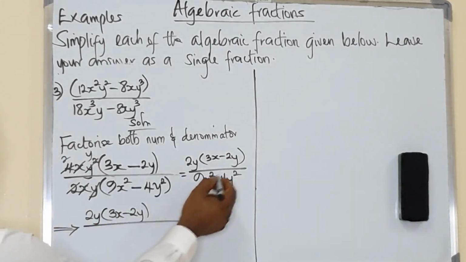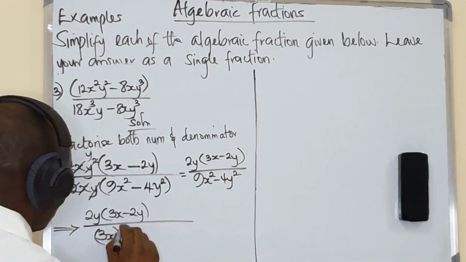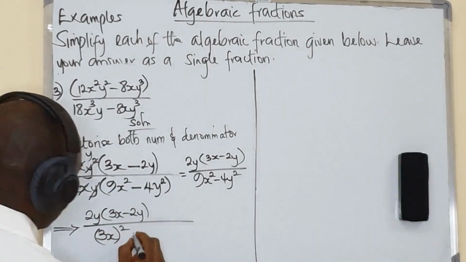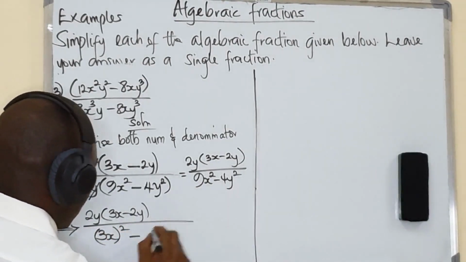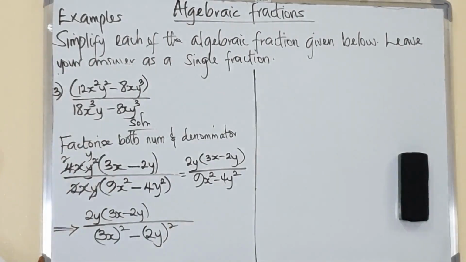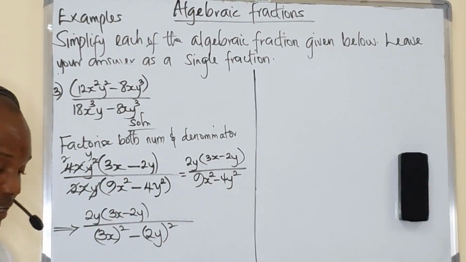At the denominator, 9x squared can be represented with 3x close the bracket, both of them squared, because 3 squared is 9 and x squared is x squared. That's it. Minus 4y squared can also be written as 2y close the bracket squared, because 2 squared gives us 4 and y squared is already represented here as y squared.